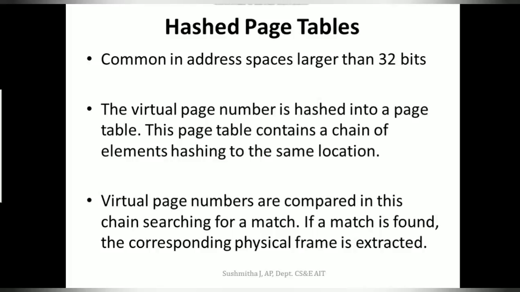In the last page table structure that we saw, the hierarchical page table, we took the example of a typical 32-bit address. For a 32-bit structure itself, it went to 2 levels. If I want a 64-bit address to be mapped to a page table, it may go to multiple levels. The ideal level of hierarchical paging is 2.